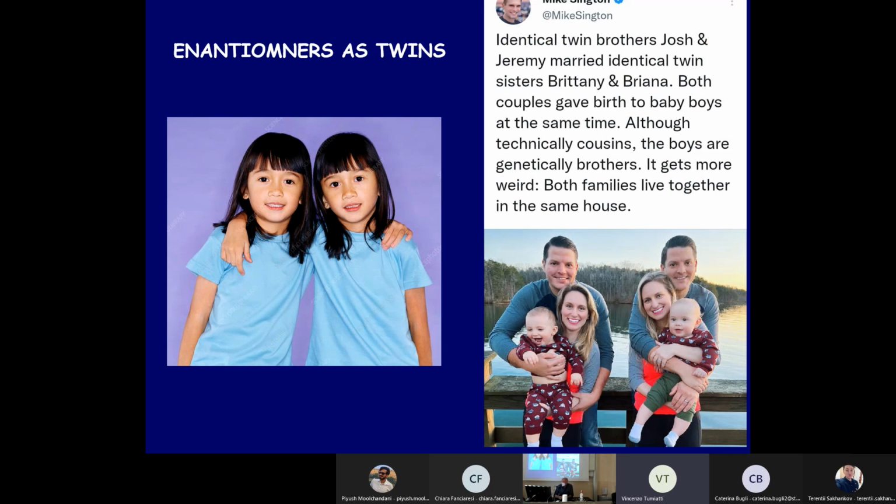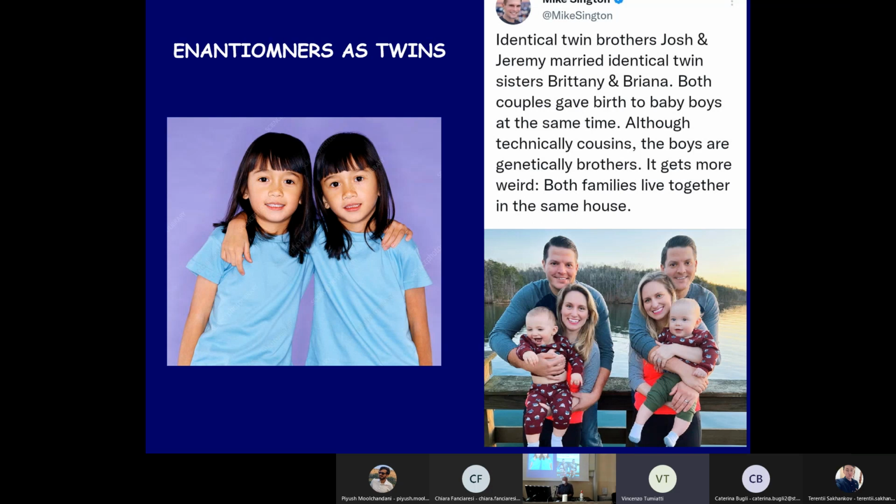Enantiomers are like twin sisters. My wife is a twin sister. At the beginning, I didn't know that she had a twin sister, so at that time I had particular troubles, because sometimes my future wife talked a lot with me, at other times not, and I wondered why sometimes she had the pleasure to stay with me and other times not, because I discovered 1 year later that she had a twin sister.